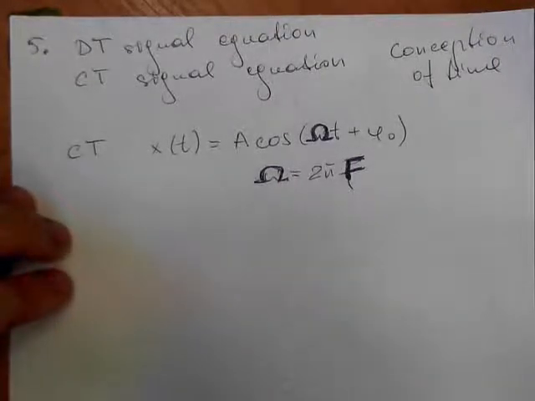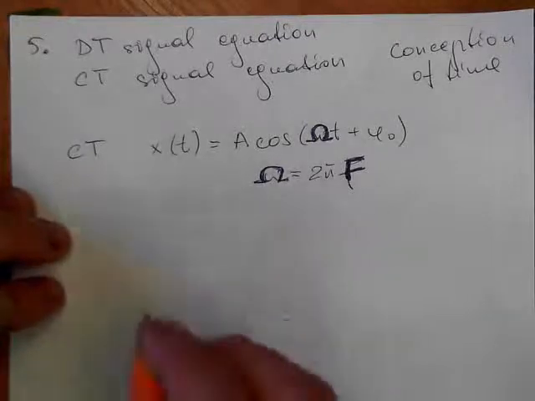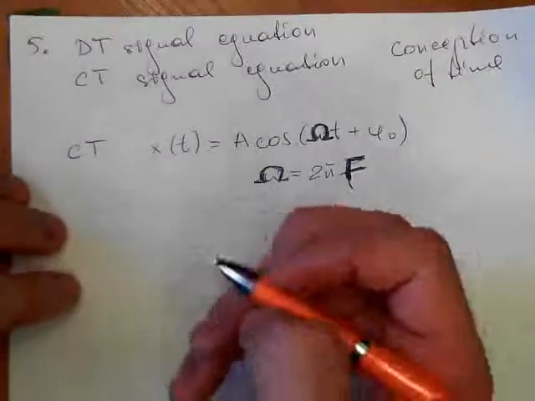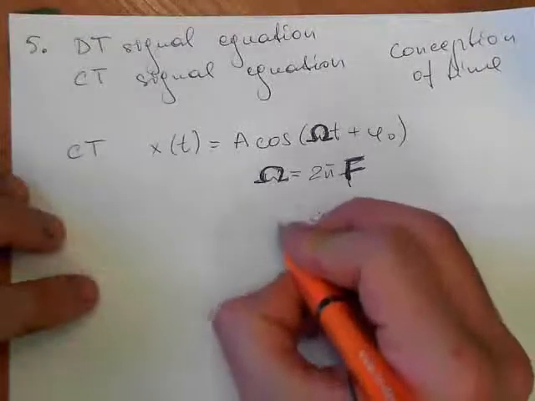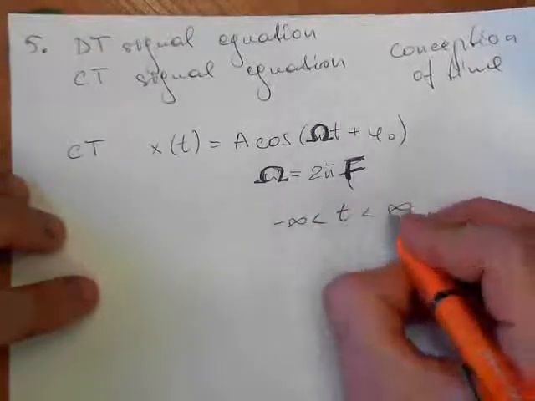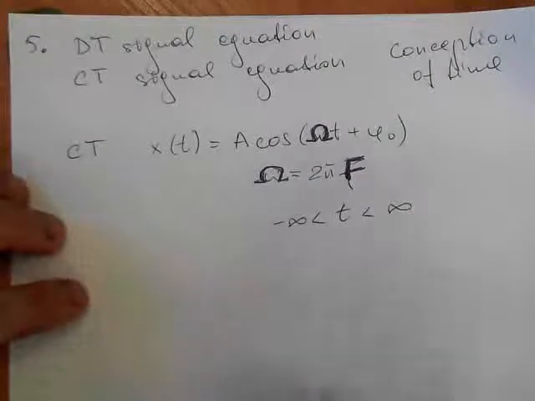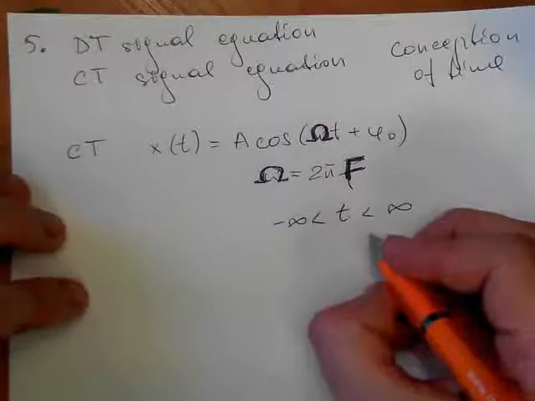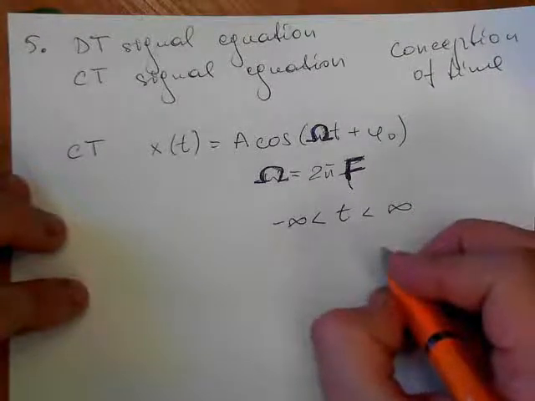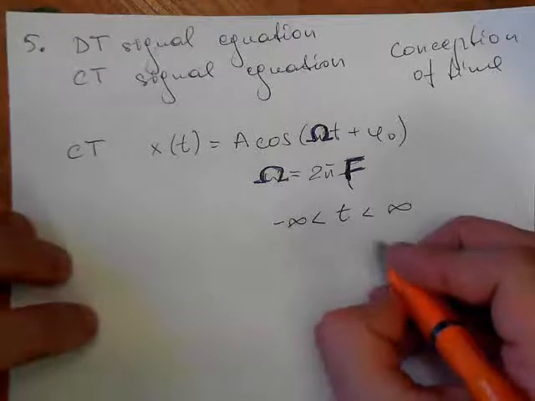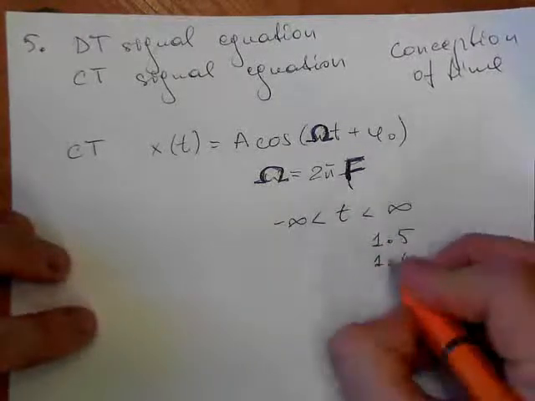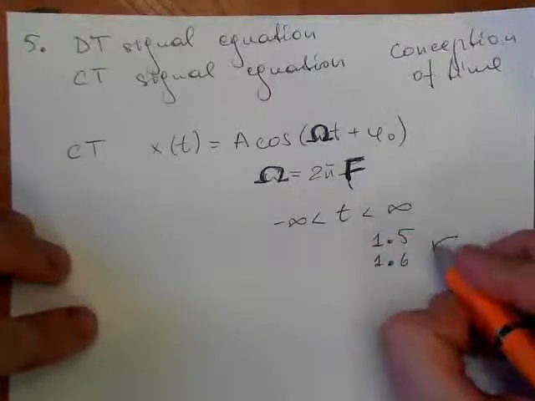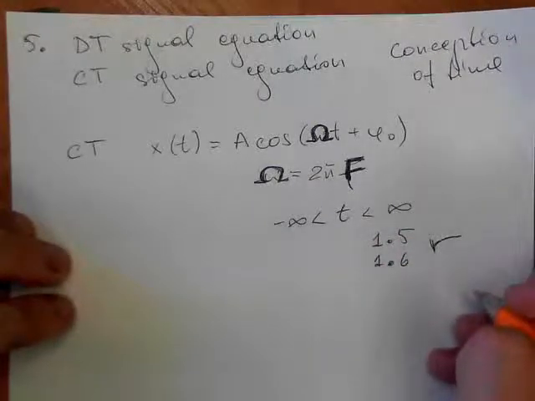It's just like an agreement. So this is a continuous time signal, and the concept of time is that time is from minus infinity to plus infinity. It can get any possible value. So 1.5, 1.6 values are allowed here.